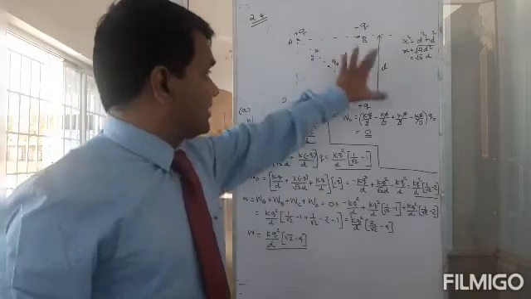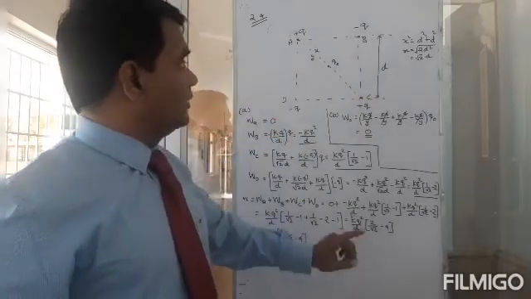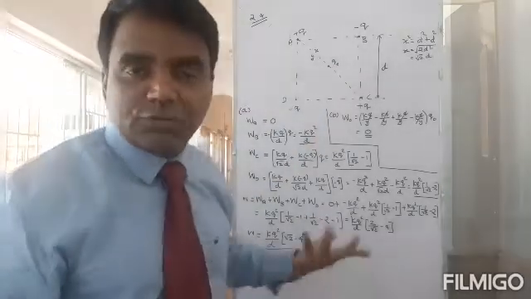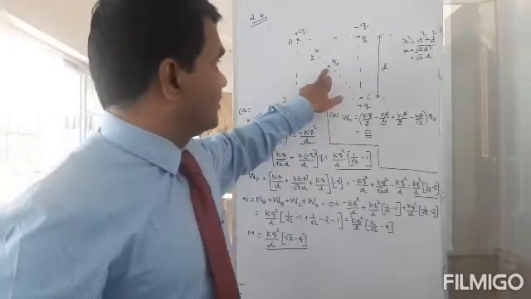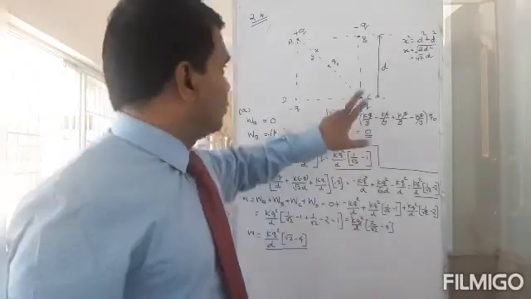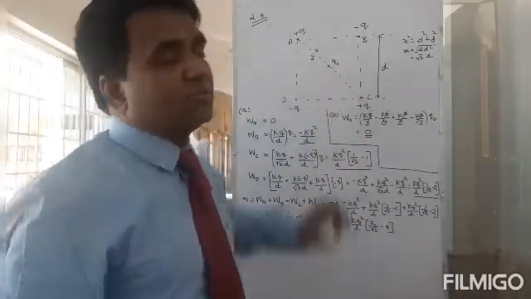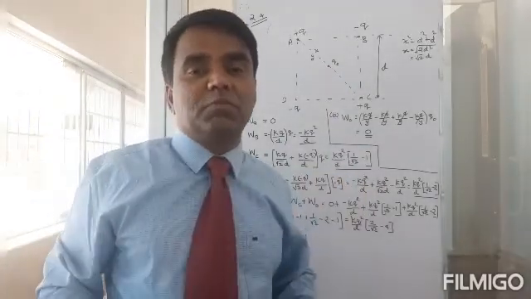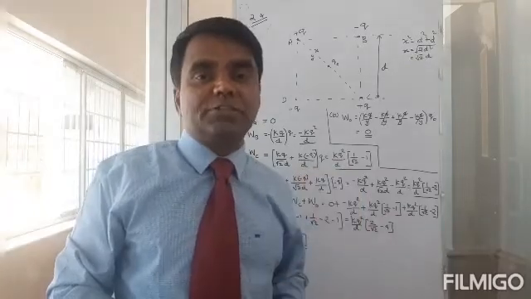But once you have set the square up, the extra work you need to bring q naught to this position is 0, because the potential at this position is 0. So this is how you do the problem. Hope it's clear to you.